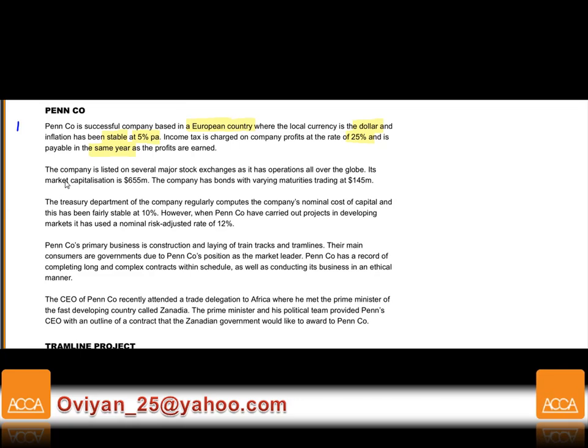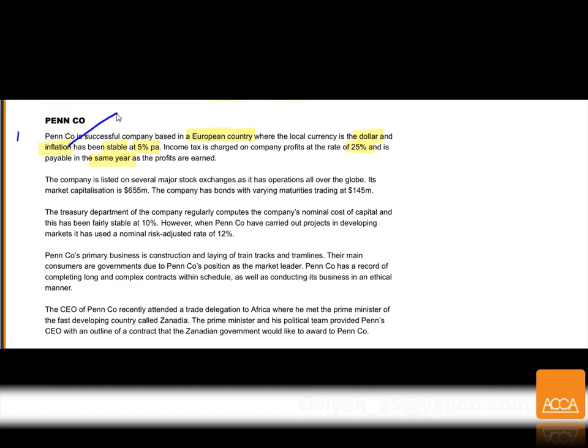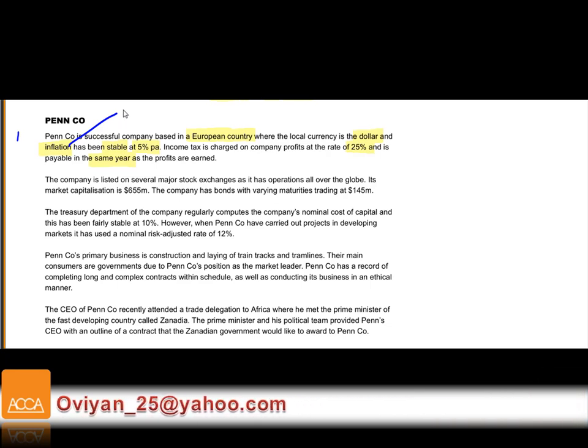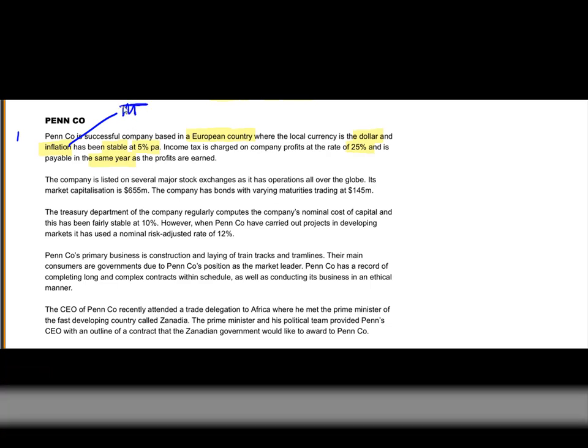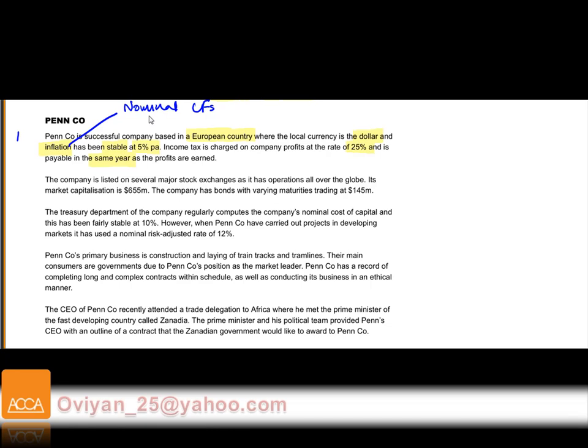Okay, now what we can see here is the inflation. Whenever they tell us inflation, there are two reasons why you're given an inflation figure in this country. One is to make sure your cash flows are reflected with inflation, so we're going to make sure they are nominal cash flows. We are told just now in the requirement that your cash flows must be nominal.